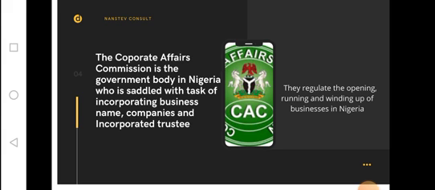They regulate the opening, the running, and the winding up of business in Nigeria. This is what CAC serves. Other countries could have their own corporate affairs body that is in charge of opening or ruling the affairs of businesses. But for Nigeria, we have the Corporate Affairs Commission, and this is a part of their logo here.